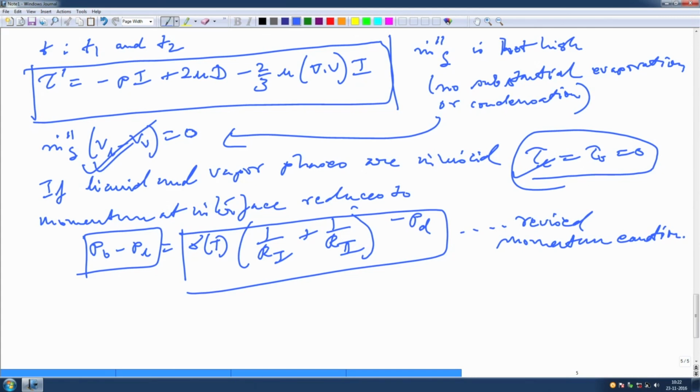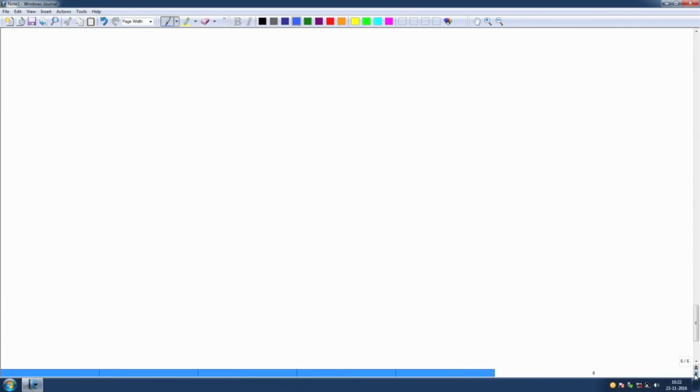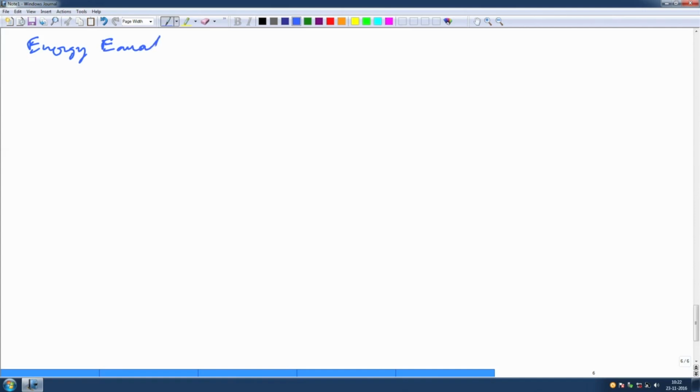Now, the follow up will be in the next lecture, where we will start with the energy equation and see how it varies over the interface, because we have done mass, we have done momentum, we have shown how surface tension and the disjoining pressure enter into the picture, and how Marangoni stress enters into the picture.